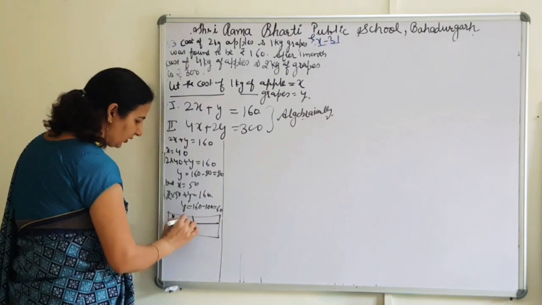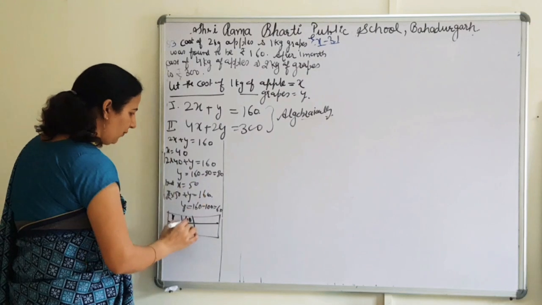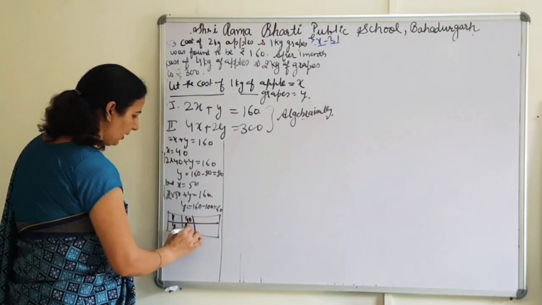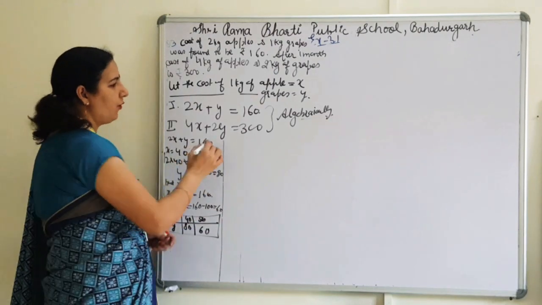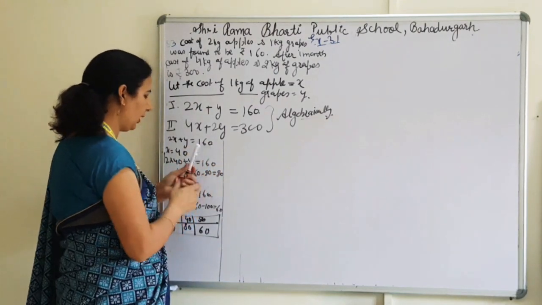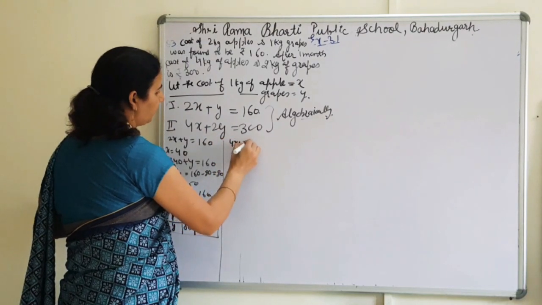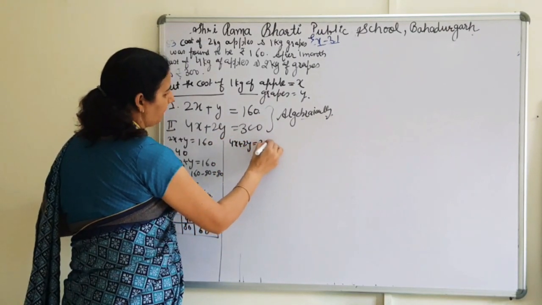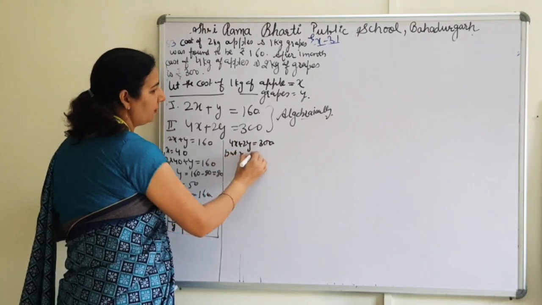The table is x, y: when x was 40, y is 80; x is 50, y is 60. For plotting the line from the table, we have to calculate at least 2 solutions, at least 2 points.